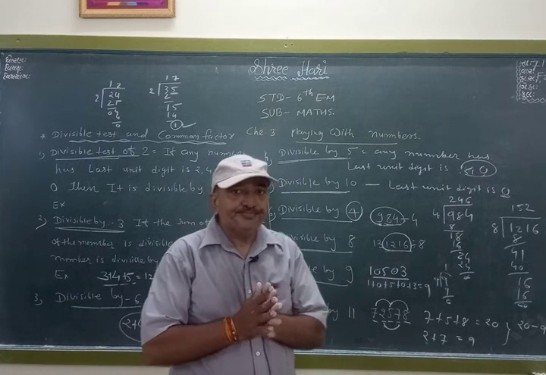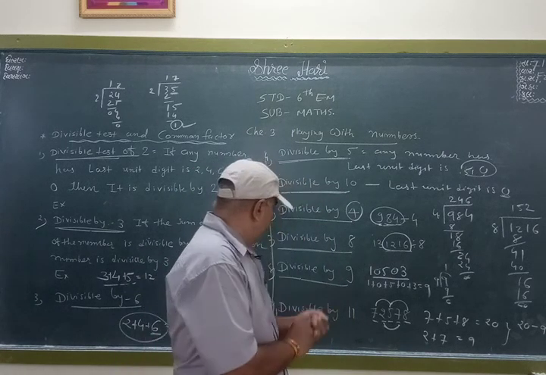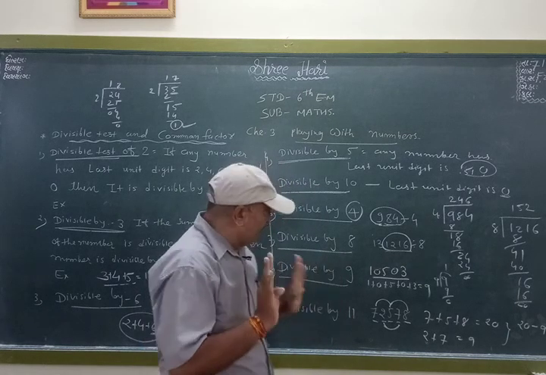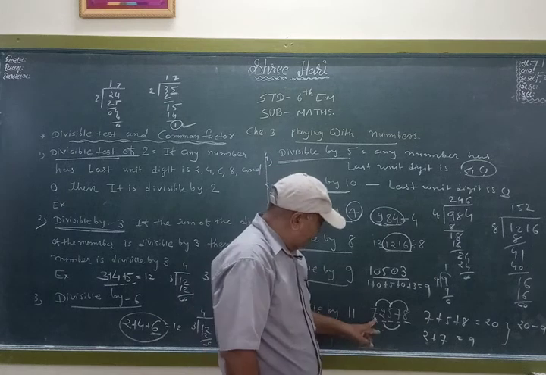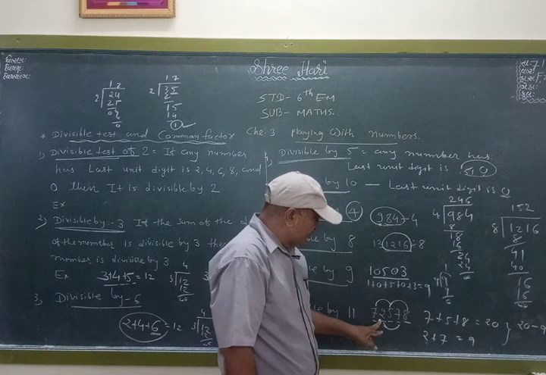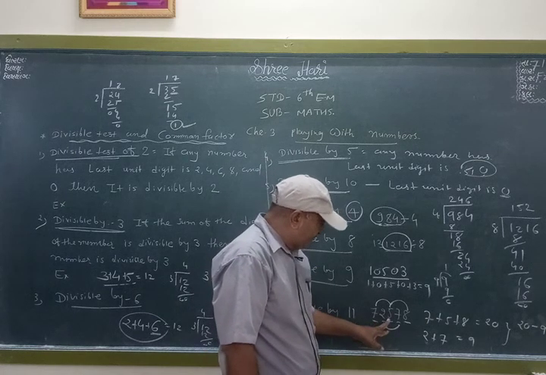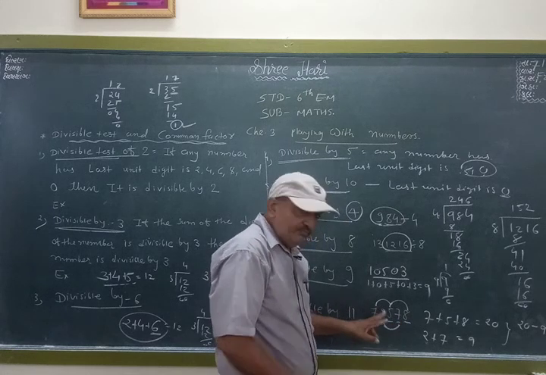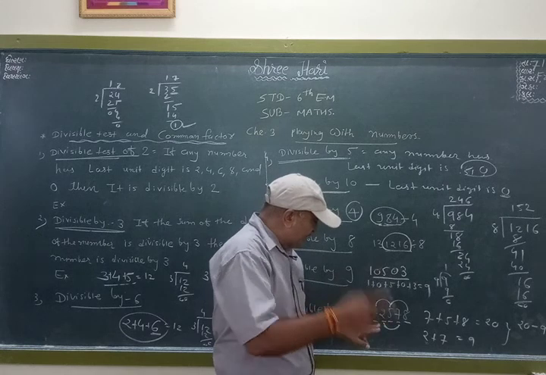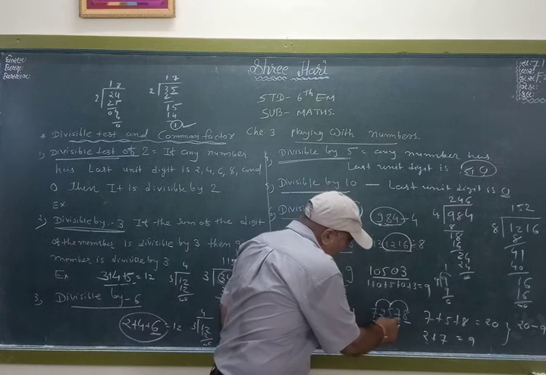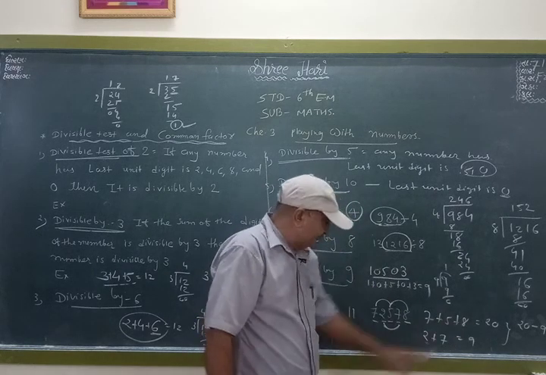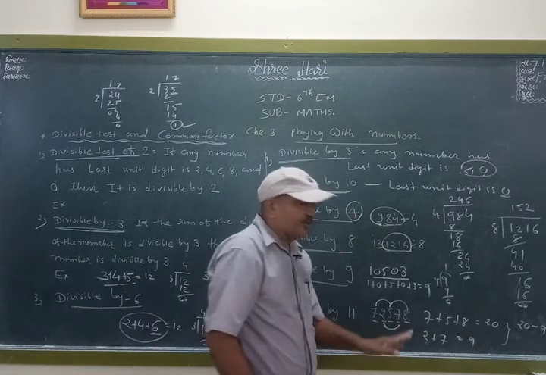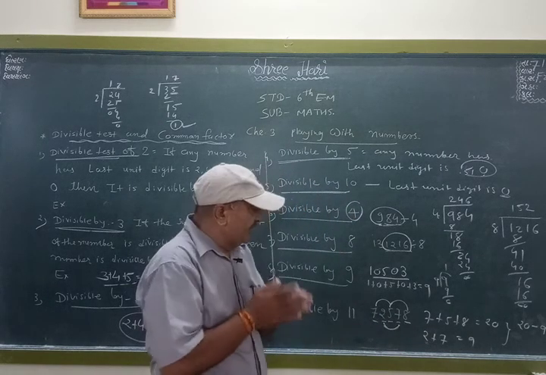Once again, the key of 11. Remember, if you are given any number, take the 1st place, skip the 2nd, then take the 3rd place, skip the 4th, and then the 5th place. So taking one place and skipping one, total 7 plus 5 plus 8, then total 2 plus 7, and subtract the two.